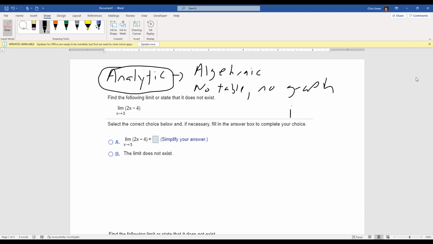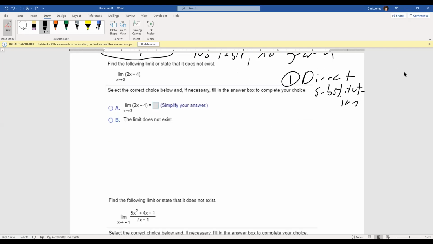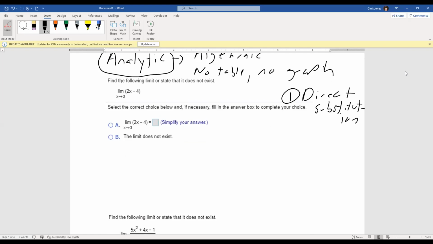The first way that we're going to be looking at is an easy direct substitution. Direct substitution means that the value that we're trying to find the limit of is within the domain. Let's take a look at this first example: the limit as x approaches 3 of 2x minus 4.